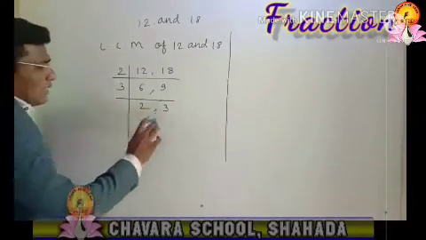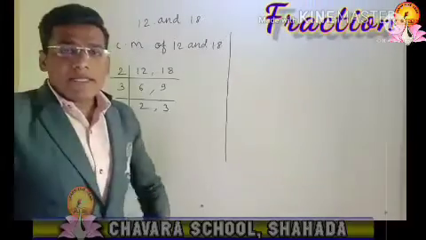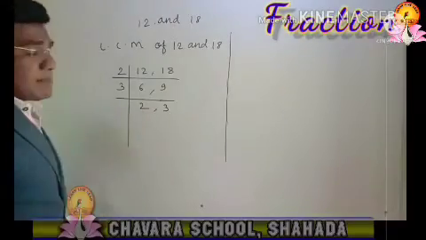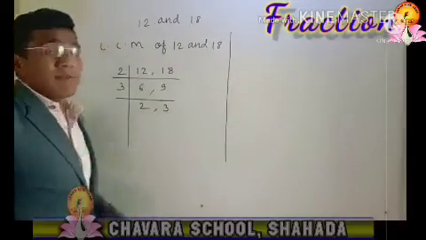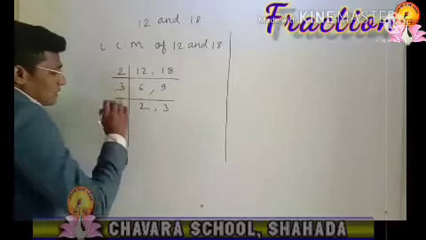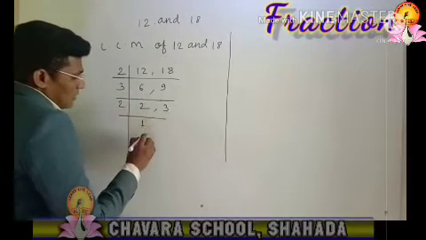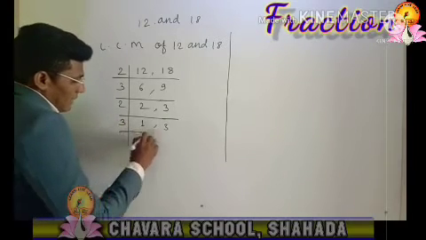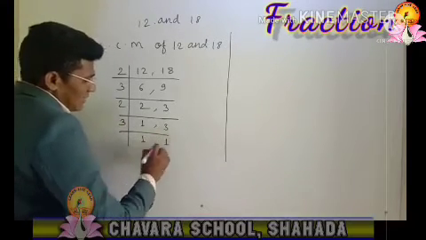Now these 2 and 3 are different numbers, but in the LCM we have to divide them also. The 2 is divisible by itself and the 3 is also divisible by itself, so 2 ones are 2 and the 3 stays as it is, and this 3 is again divisible, and 1 stays as it is. 3 ones are 3.